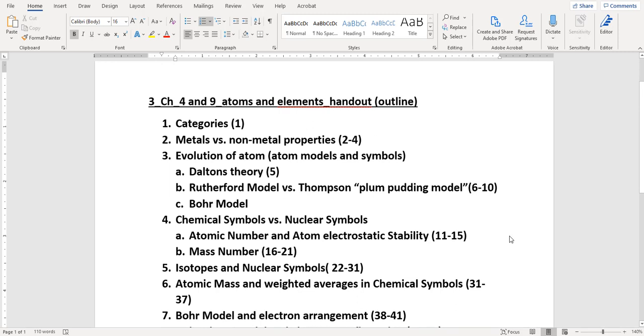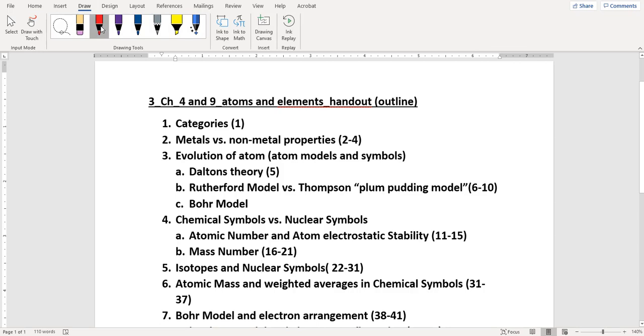So far, we've talked about categories. We talked about the history of the atom and the makeup of the atom, the subatomic particles, protons, neutrons, electrons, mass number. We talked about atomic number. Then we started getting into neutrons and started talking about nuclear symbols and isotopes.